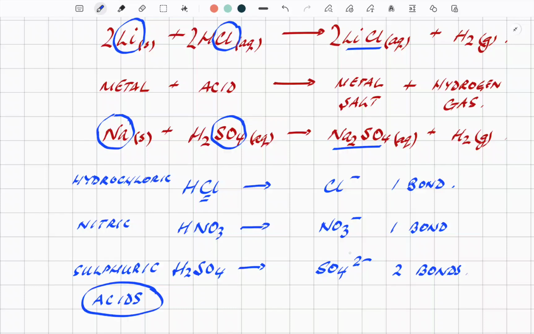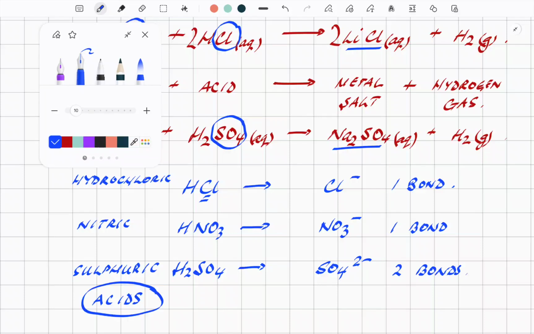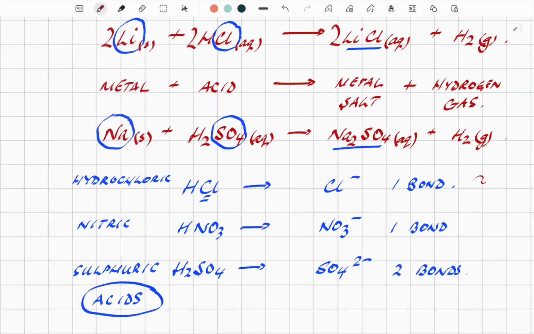These ions on the right hand side you're seeing there, that'll be referred to, okay, as chloride, nitrate, and sulfate. So that's how to name the salts that are produced. Does that all make sense so far?